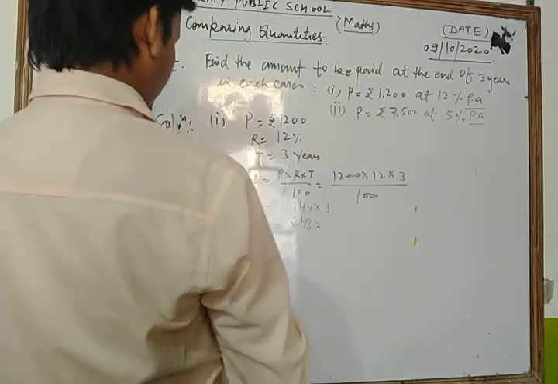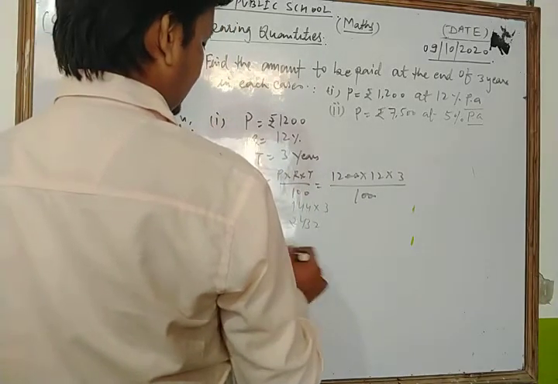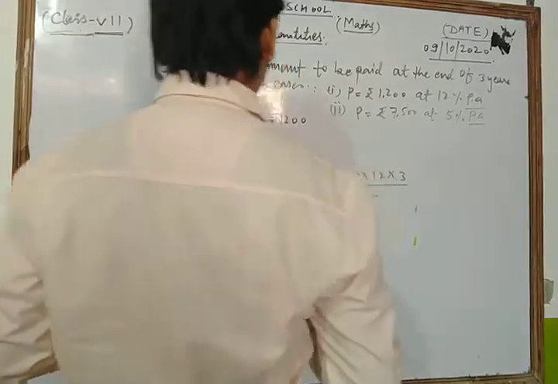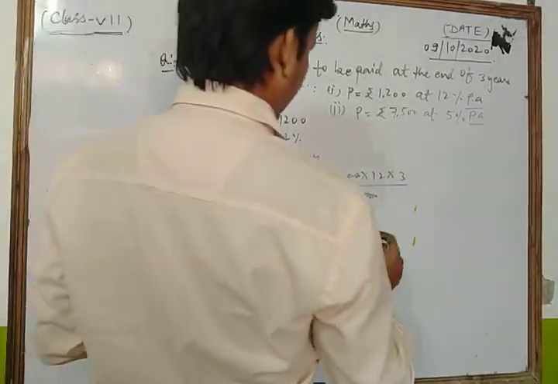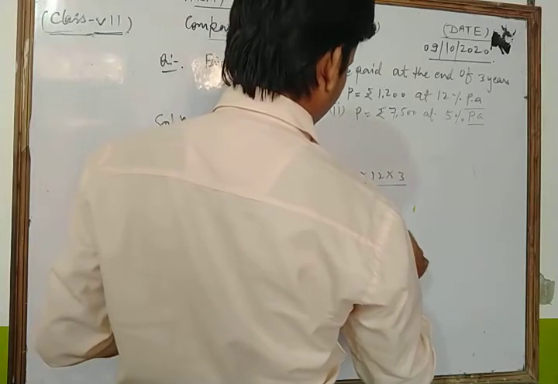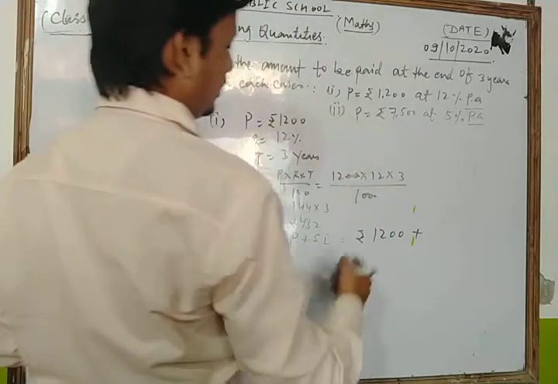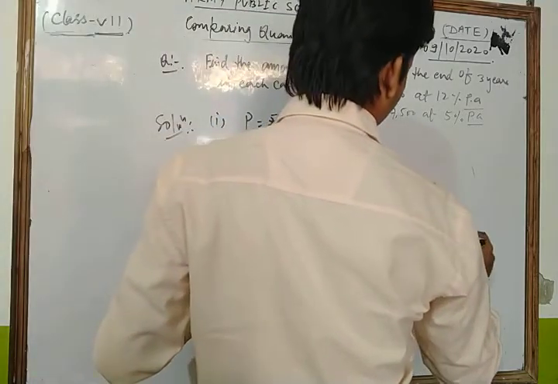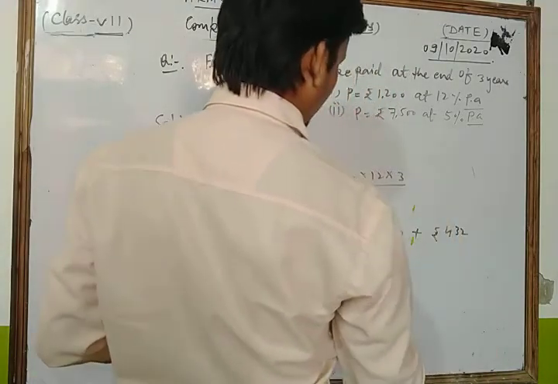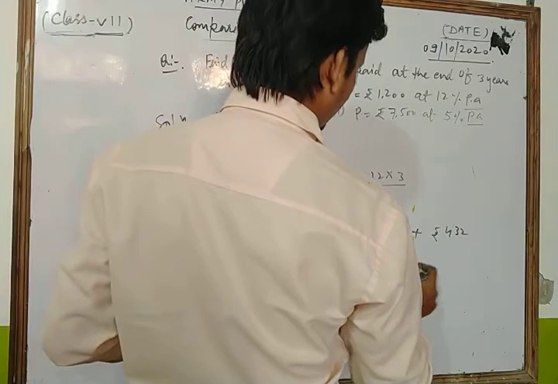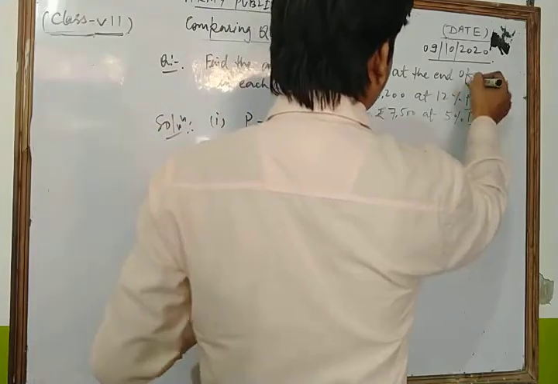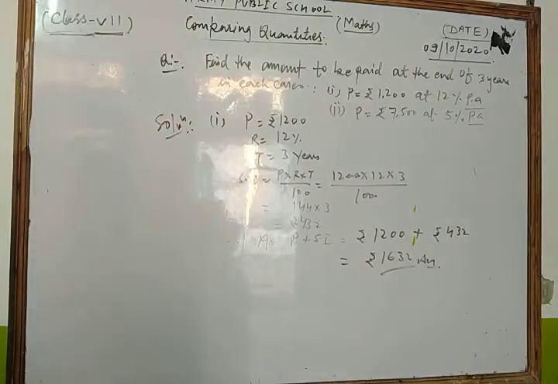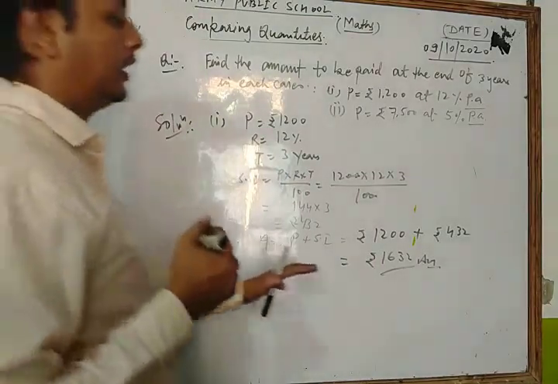Since the amount to be paid is principal plus simple interest, and the principal is given as rupees 1200, and simple interest is rupees 432, so we get rupees 1632. This is the amount to be paid at the end of 3 years. This is our required answer, dear students.